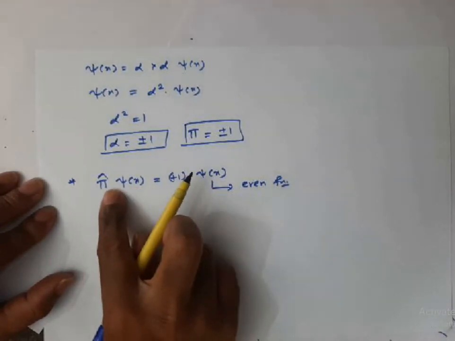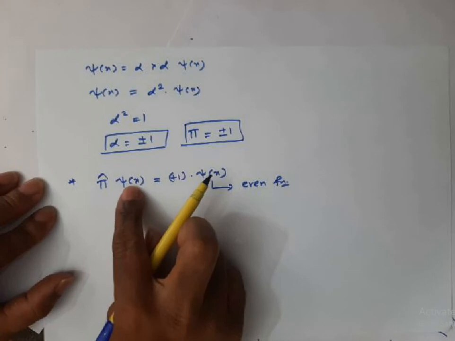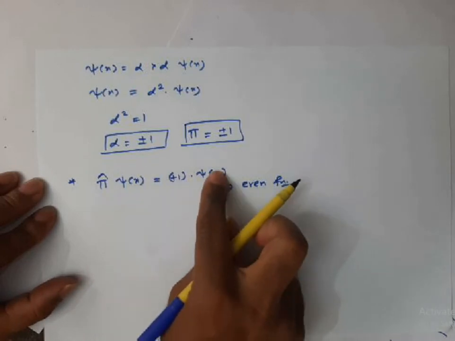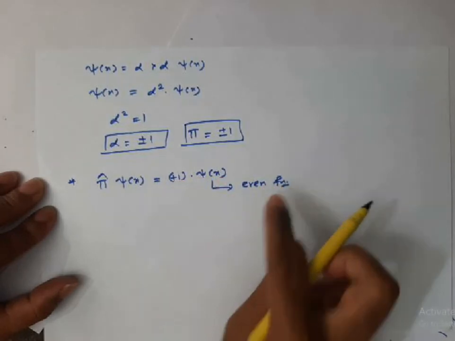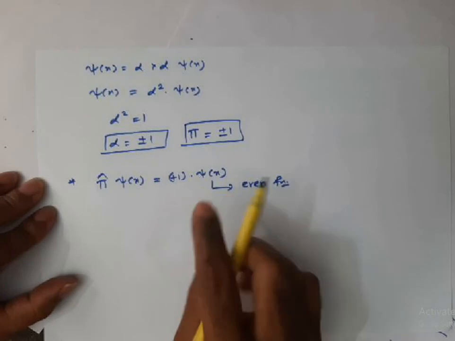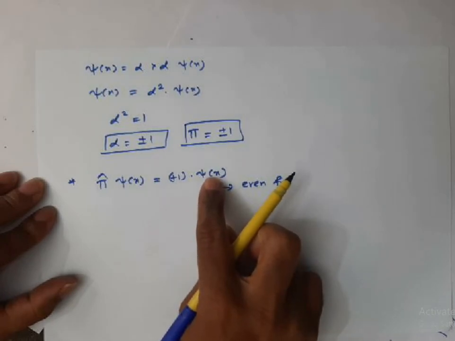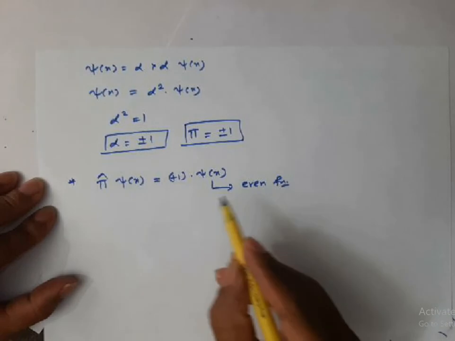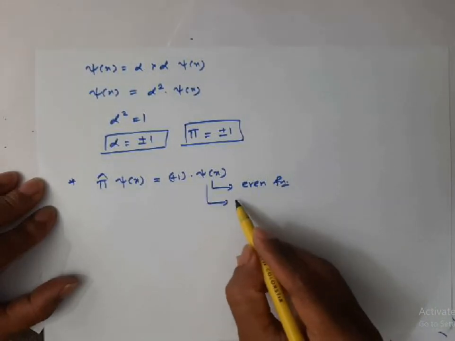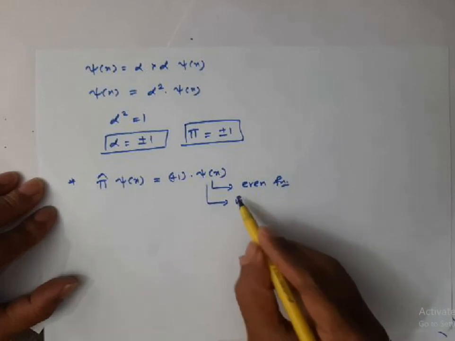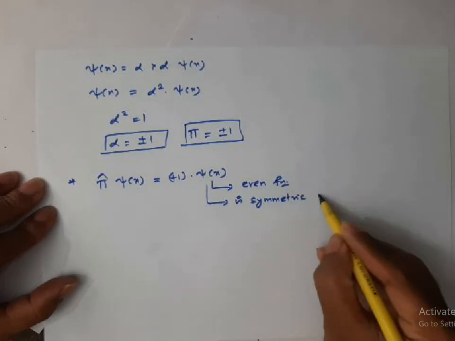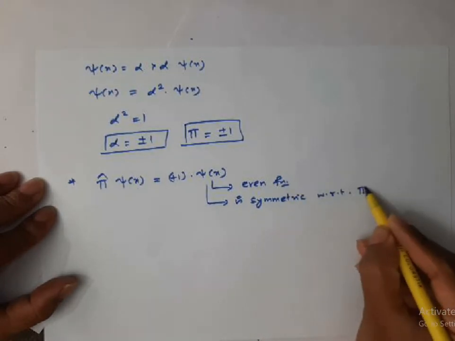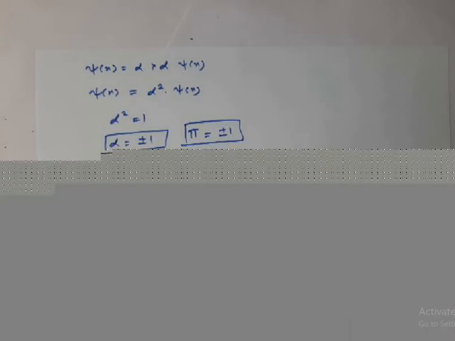When you apply a parity operator to a function, if you get the same function multiplied by +1 as the eigenvalue, then that function is called an even function. You can also say that this psi of x is symmetric with respect to the parity operator. That is another meaning.